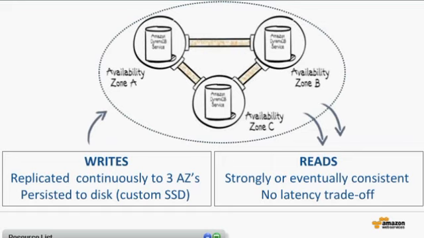So as soon as it's persisted to disk, and we use custom SSDs under the hood to provide this low latency single-digit millisecond performance, that'll get persisted across multiple SSDs in multiple data centers across multiple availability zones, all automatically. All you have to do is make one API call.